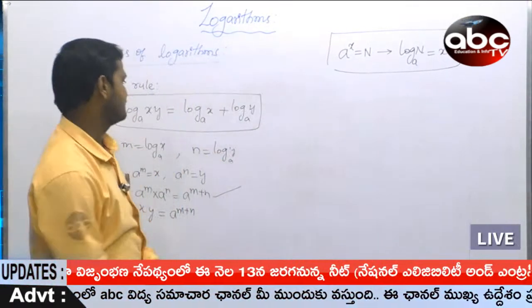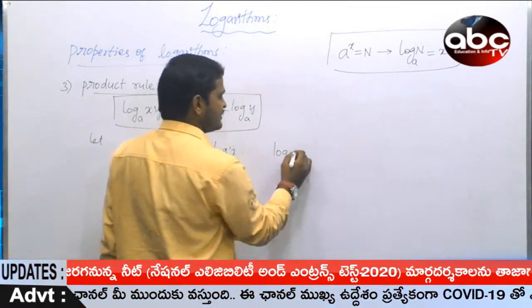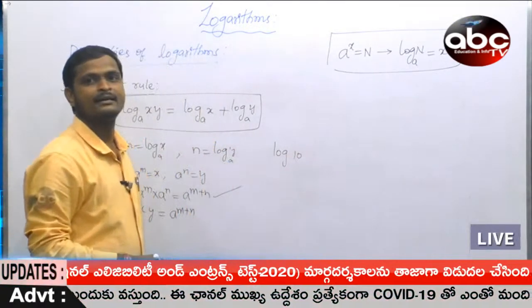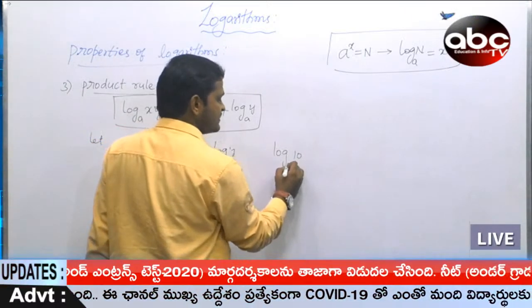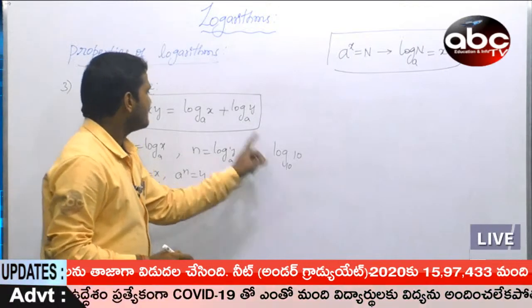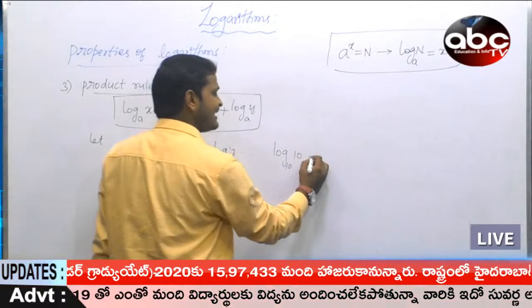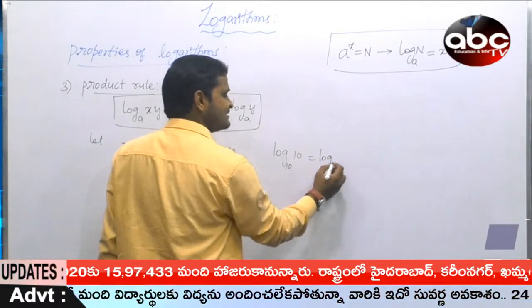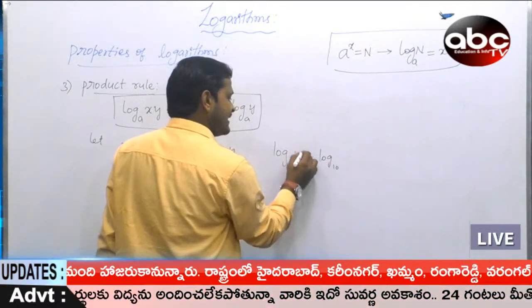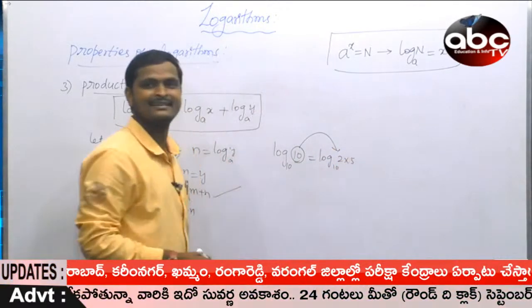First, suppose log 10 base 10. Then you can write, by using the product rule, log 10, in place of 10 you can write 2 into 5, right?